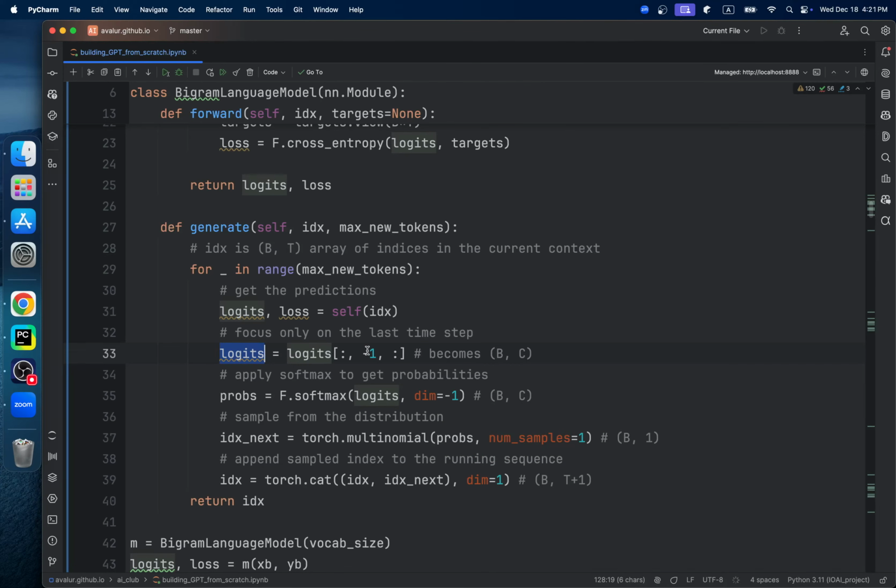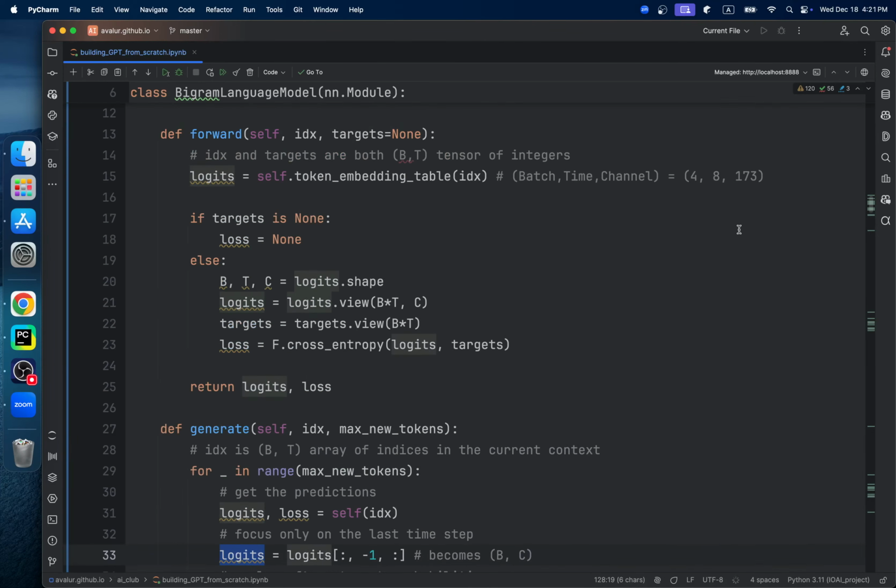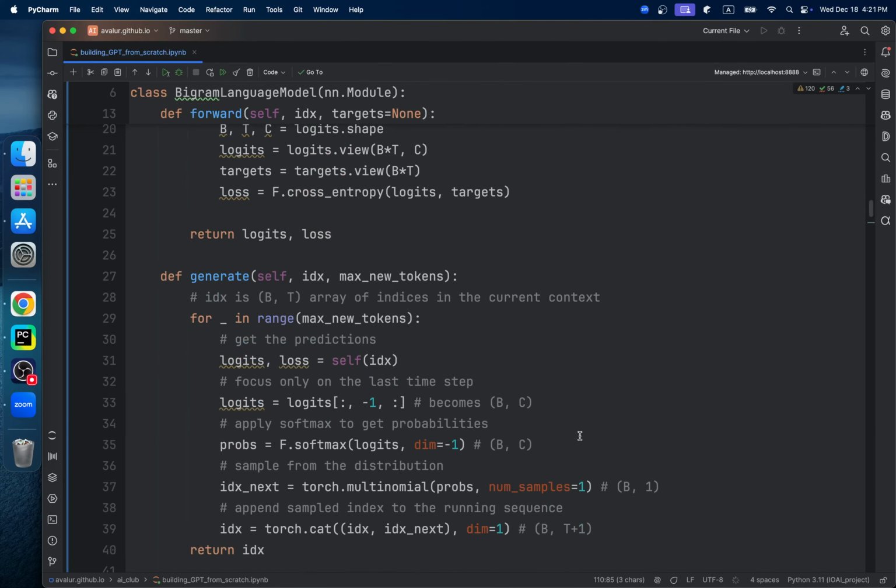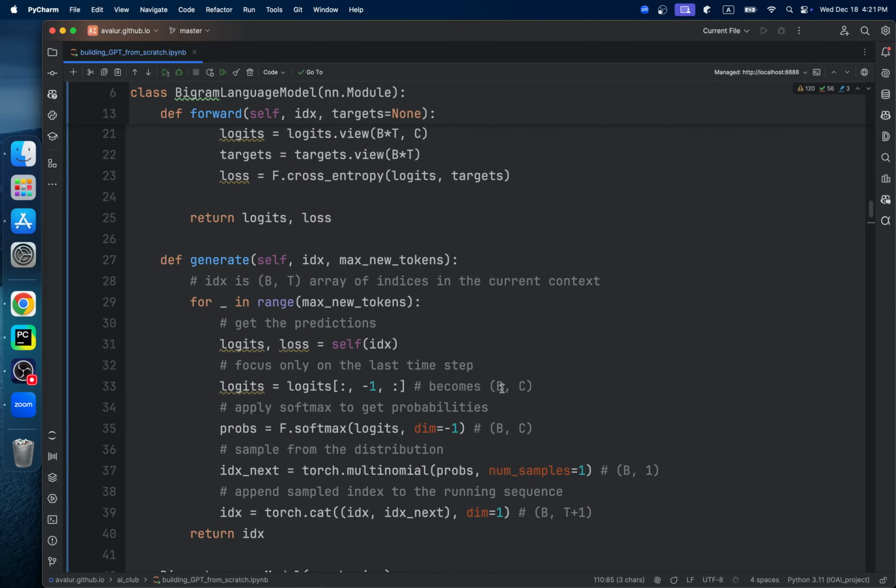That's why it becomes batch size by channel size, and channel size is 173. So for each element in the batch we predict the vector of logits, and then based on this vector of logits we calculate probabilities of the next token.